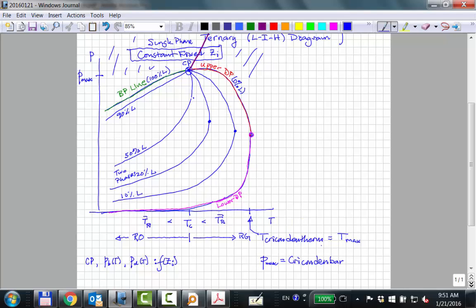And up here, the maximum temperature, it's kind of hard to say where it's at, but I'm just going to mark those points. And then I'm going to join them with a line, which is going to go pretty much straight down. Okay. Now, why did I do that?